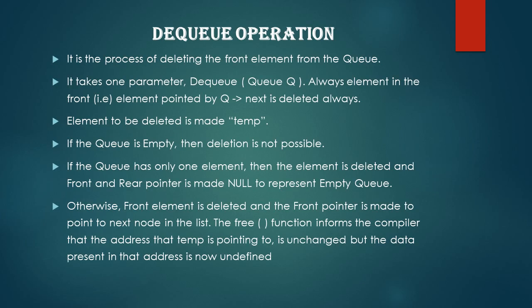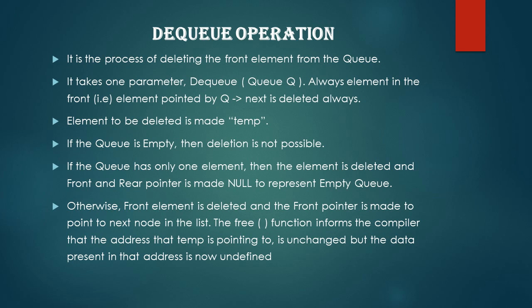Dequeue operation. It is the process of deleting the front element from the queue. It takes only one parameter. The element in the front, pointed to by Q next, is always deleted, using temp. If the queue is empty, then deletion is not possible. If the queue has only one element, then the element is deleted and front and rear pointers are made null to represent an empty queue.